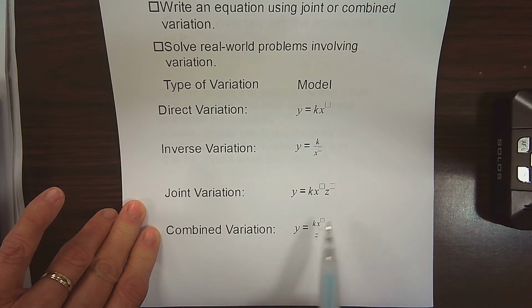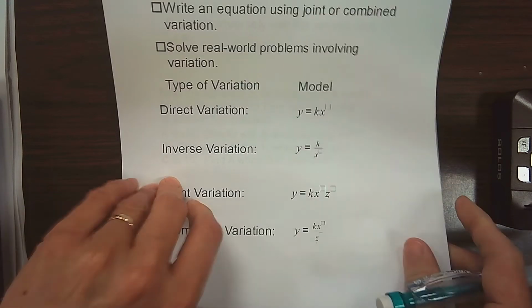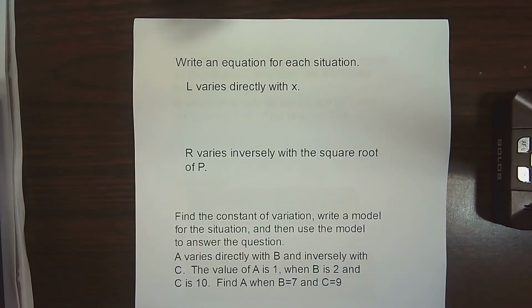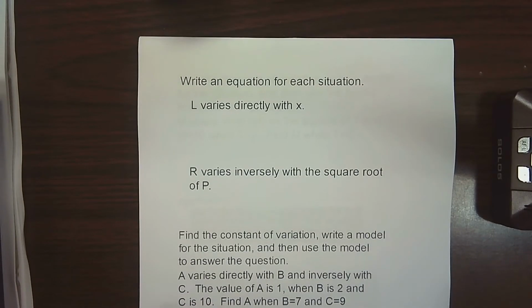It'll say y varies directly with something and inversely with something else. But you could hear the term joint, varying jointly, within the problem, because it could say y varies jointly with x and z.